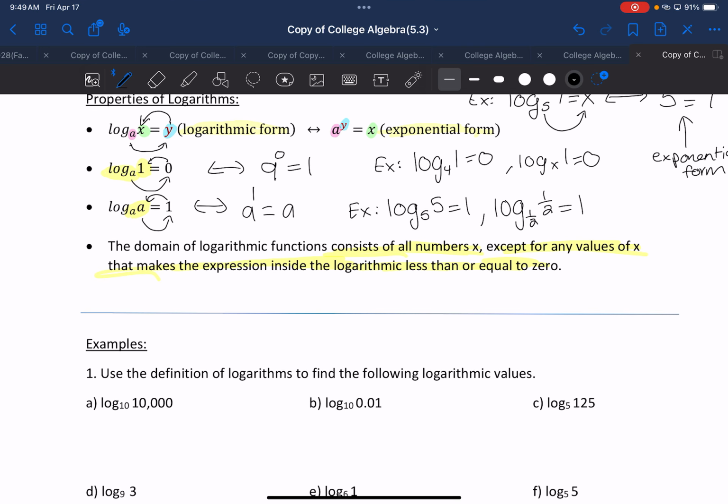So for example, if I had log base 3 of (x minus 2), and let me write it as a function, because that's what that is.